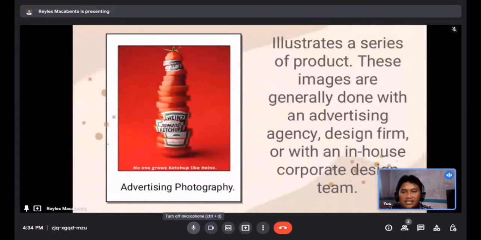In this photography, it persuades you to purchase something that you don't really need, or it works by putting products or goods or services in front of an audience and then convincing them to be interested. With most advertising campaigns, photography is the most important element. The images are what will grab the attention of the consumer, whether it is in a magazine, on a billboard, or on a website.